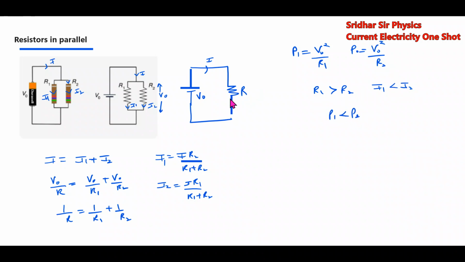The resistor which has more resistance, the power dissipated across it will be less. This is a basic condition for resistors in parallel, with the current divider formula. So when two resistors are in parallel, the one which has higher resistance will have less power dissipated.